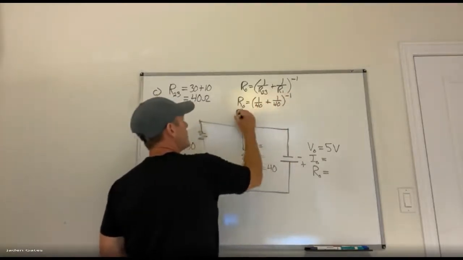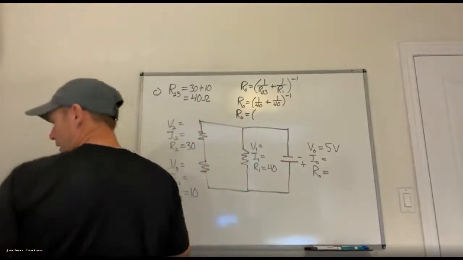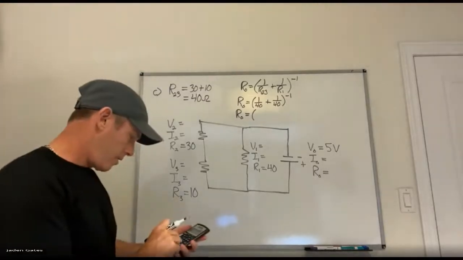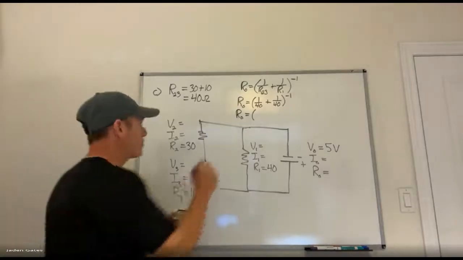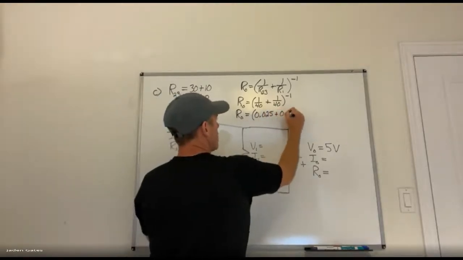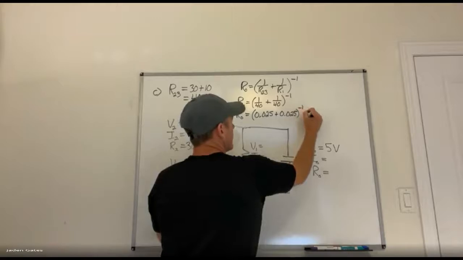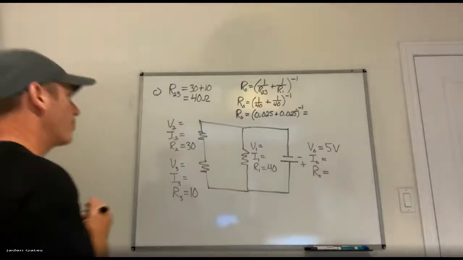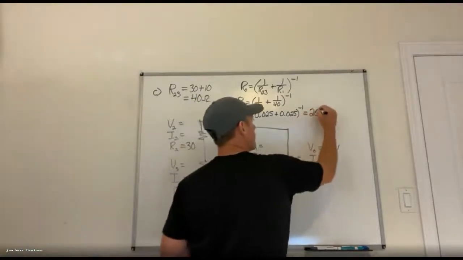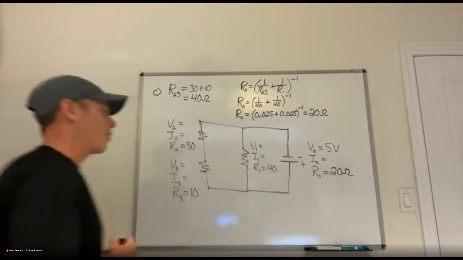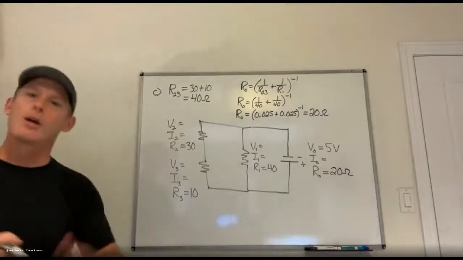As a decimal, 1 divided by 40 is 0.025, plus 0.025 because it's twice. Now, if I add those together and go to the power of -1, I end up with 20 ohms. So I can put that right there. There's our R0. So that is the equivalent resistance of the circuit.